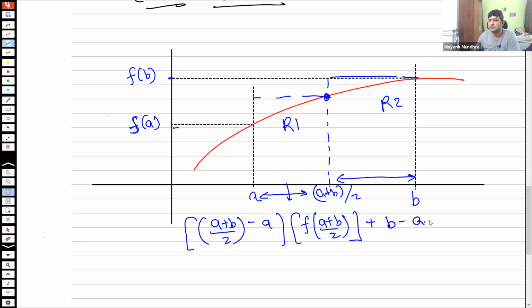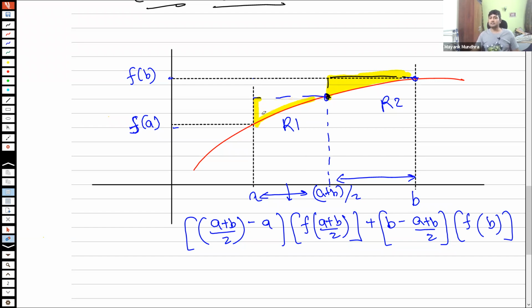So that is b minus a plus b by 2 into this is the height that they assume. So the height that they assume is f of b. So in this manner, if they proceed to calculate, the error is going to be this much. This is the error in calculation. This is the extra amount that you calculate the area as.